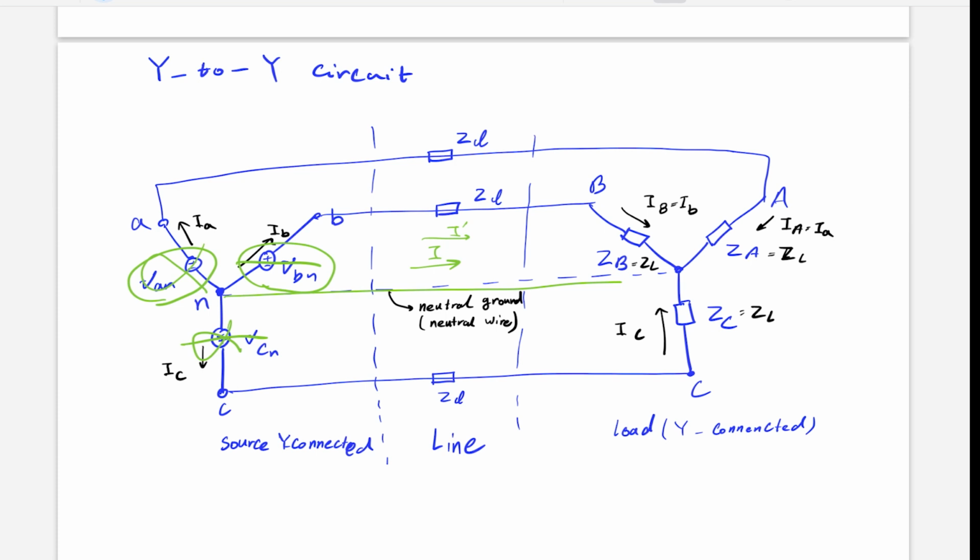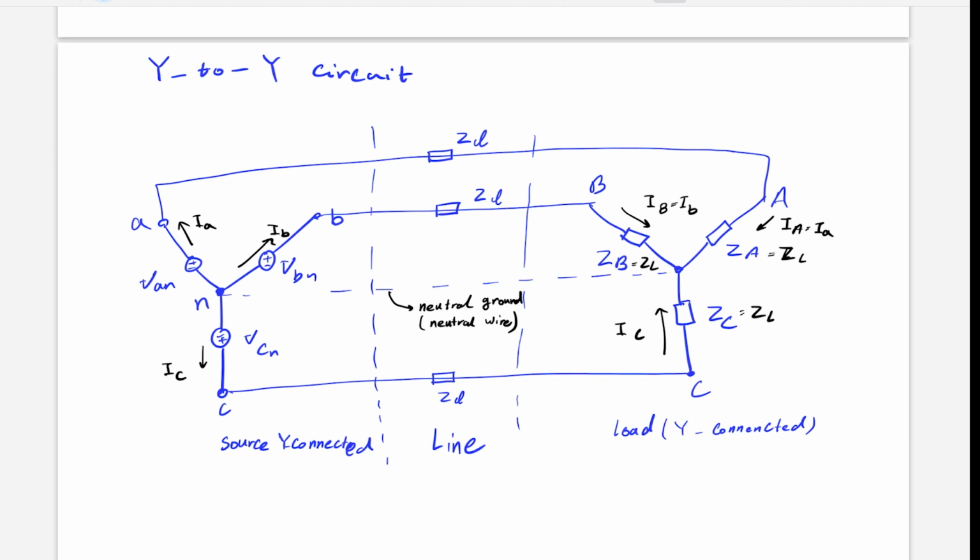If we continue like this and sum them up, their magnitudes are equal, but since their phases are 120 degrees different from each other, if you add them, you will get zero current. That's why there is no potential difference between these two nodes N.